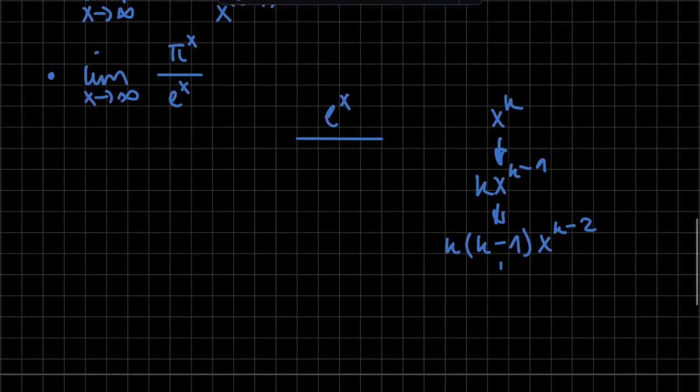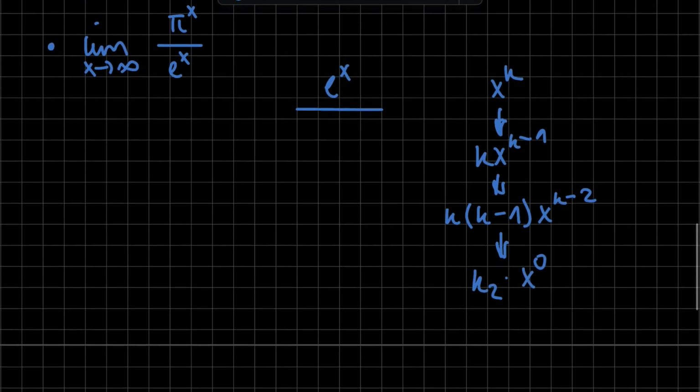And you can notice a pattern. After sufficiently many applications of L'Hopital's rule, we're just going to get a new constant, k2, times x to the power of 0, right? Because the power keeps on decreasing. So after sufficiently many differentiations, we're going to reach x to the power of 0, which is just 1. So we have this big, big constant, k2 times 1, but that's still just a constant, right?